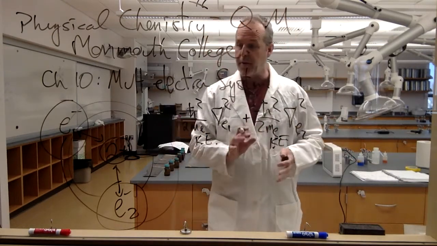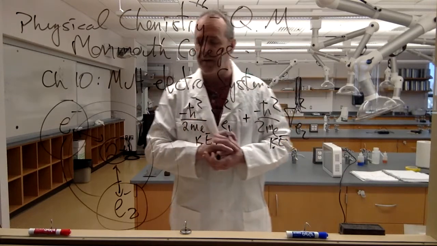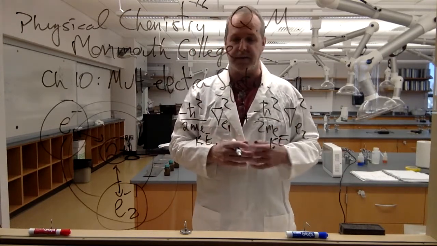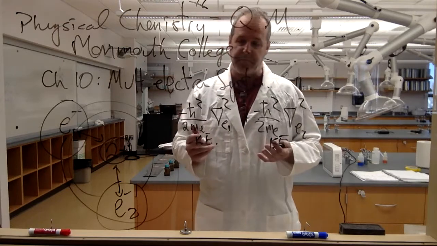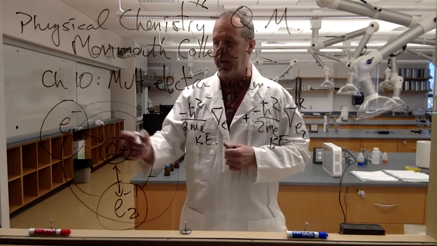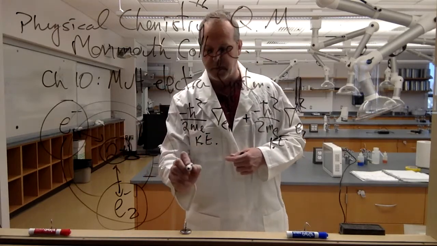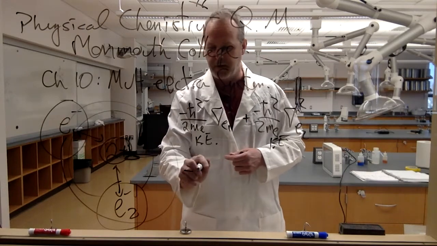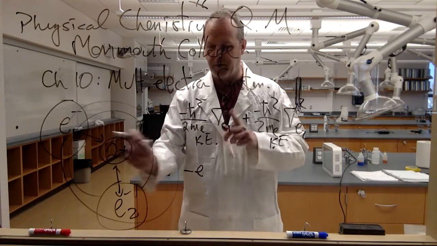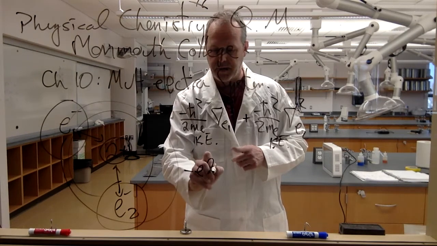And now we have to look at the Coulombic attractions because this is now the potential energy term. Actually, it's not much different than what we had in the hydrogen atom. So we have that minus electron, we have the charge in the middle, but now this is 2e.